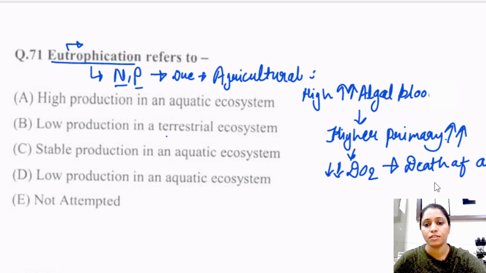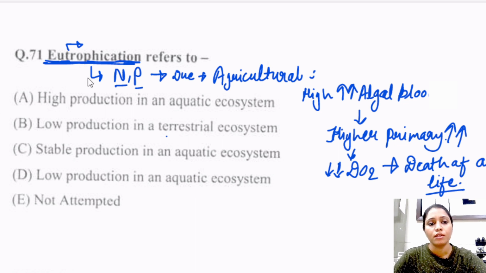So this is not a good phenomenon, or it is very dangerous because over the time the water is unusable for any life or any living creation. So correct answer for this question is higher production in aquatic ecosystem.